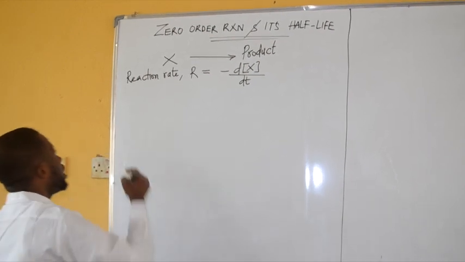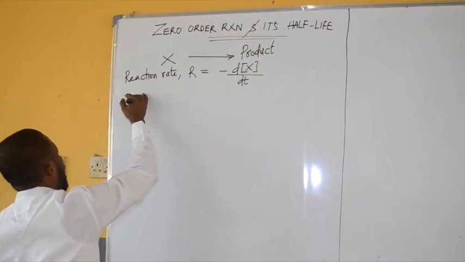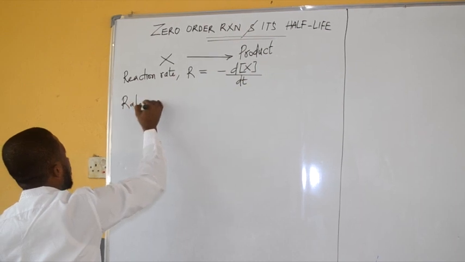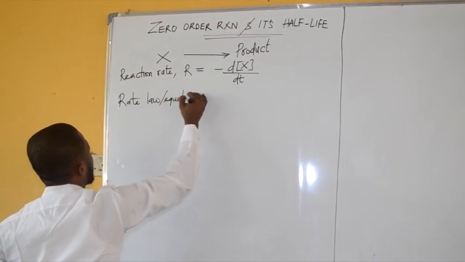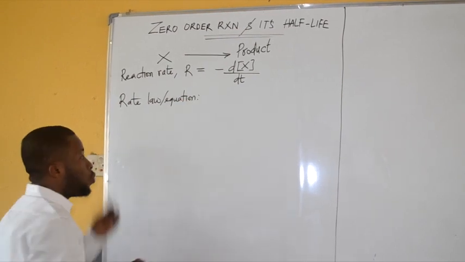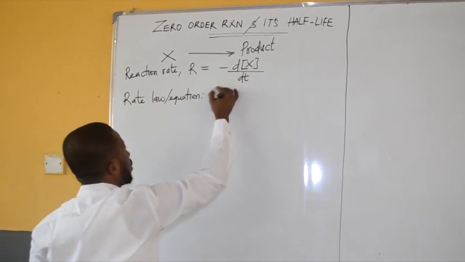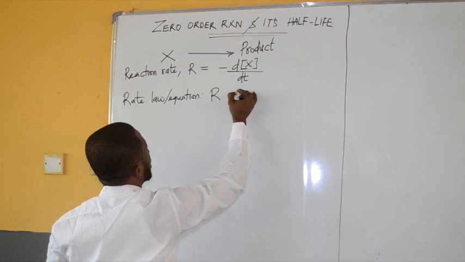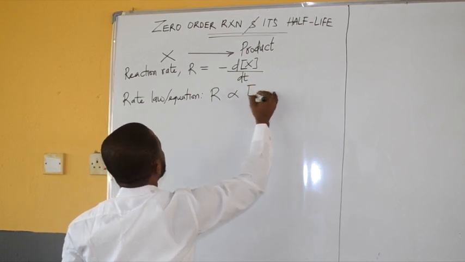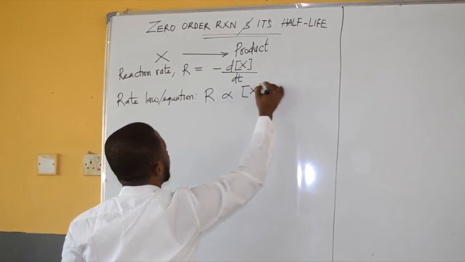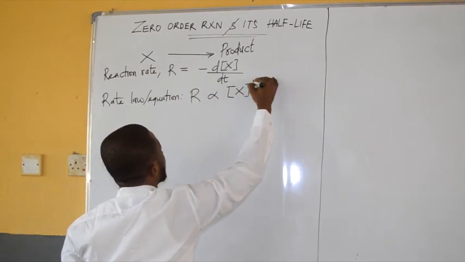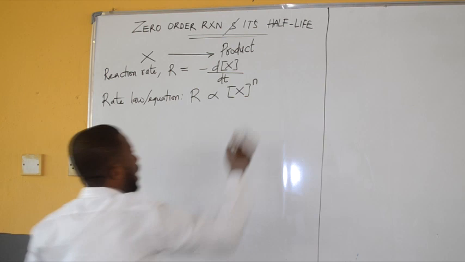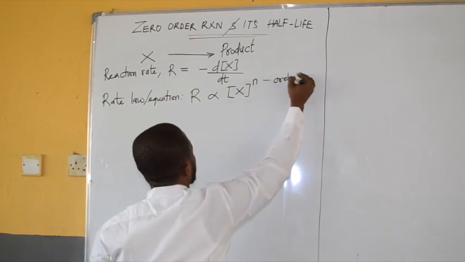And similarly, from our rate law or our rate equation, we're able to describe that the rate of a reaction is directly proportional to the concentration of the reactant raised to power n, where n is the order of reaction.